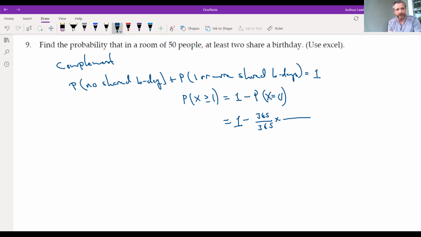The second person now, there are 364 options to be different. The third person has 363 options to be different. And so on. All the way down, well, what's 365 minus 50? Well, 365 minus 50 is 315, but that 315 operates kind of like 0. So we're going to go down to 316.